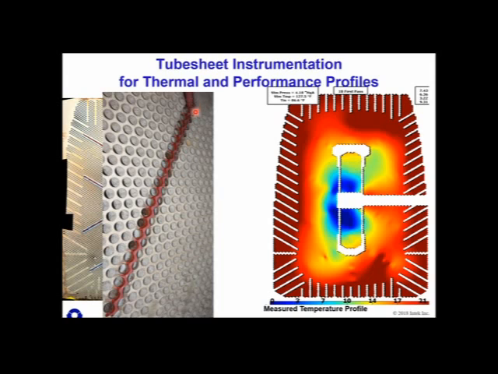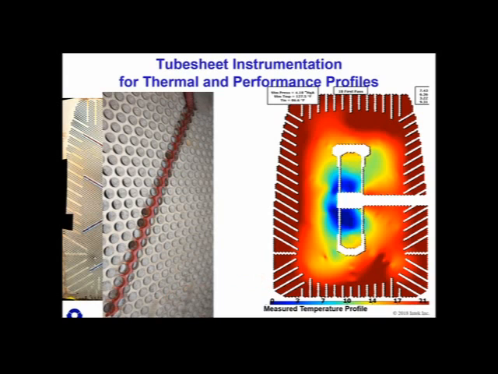We now install these prefabricated devices. We sandblast the tube sheet, put down a base layer, and then attach these prefabricated high density temperature arrays. These prefabricated devices have temperature sensors distributed all along them. So this 2 foot long device here has 40 temperature sensors along it.